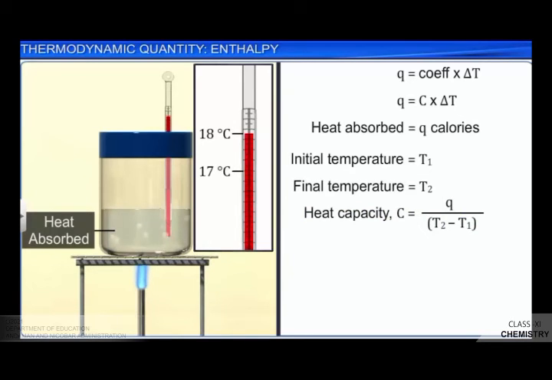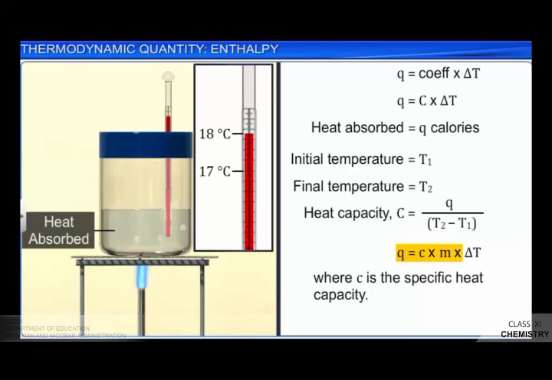The specific heat capacity is the quantity of heat required to raise the temperature of unit mass of a substance by 1 degree Celsius or by 1 Kelvin. Thus, the expression for Q in terms of specific heat capacity becomes Q equals specific heat capacity c multiplied by the mass m multiplied by change in temperature, delta T.